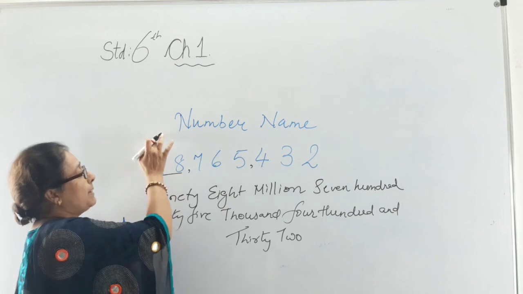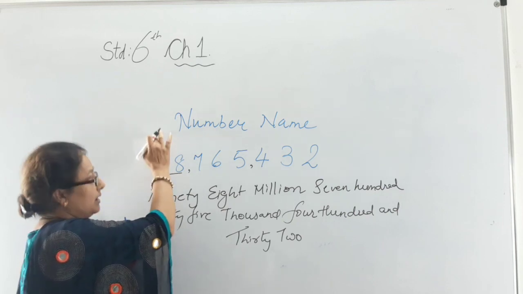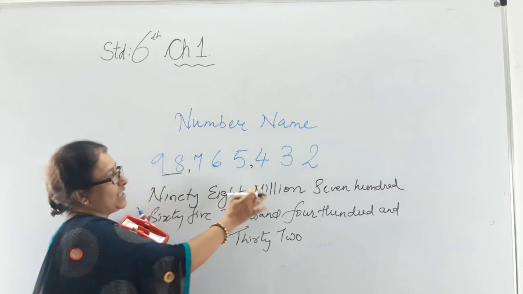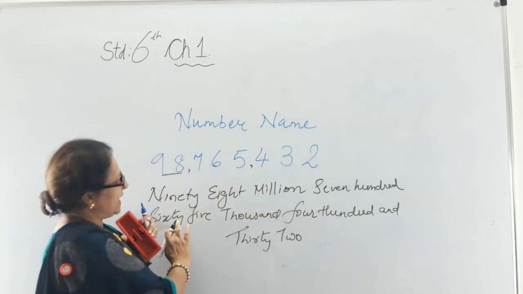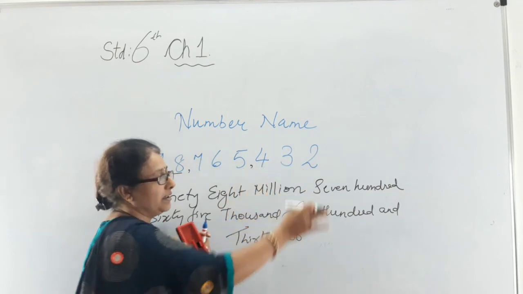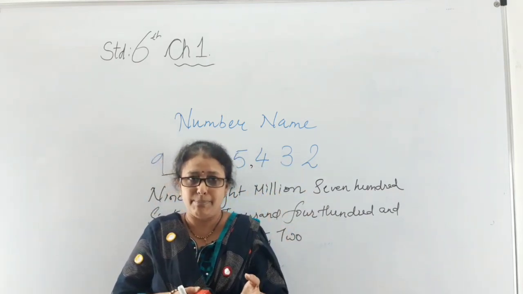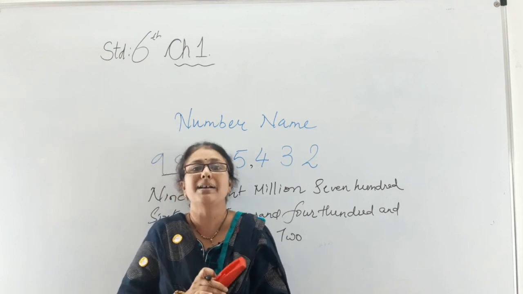So as 9 is in the place of 10 million, it will become 90 and 8 goes with it, so 98,765,432.